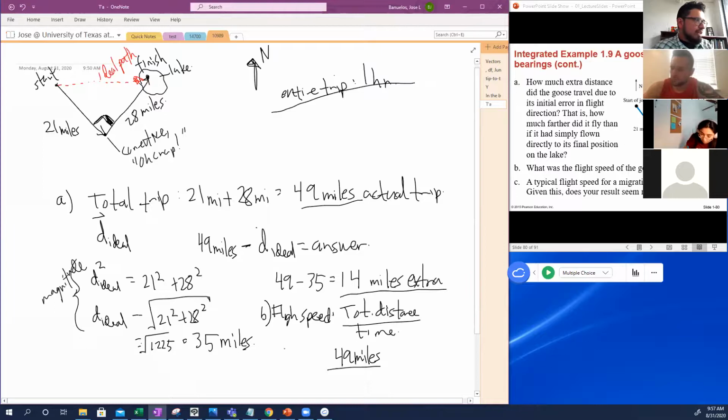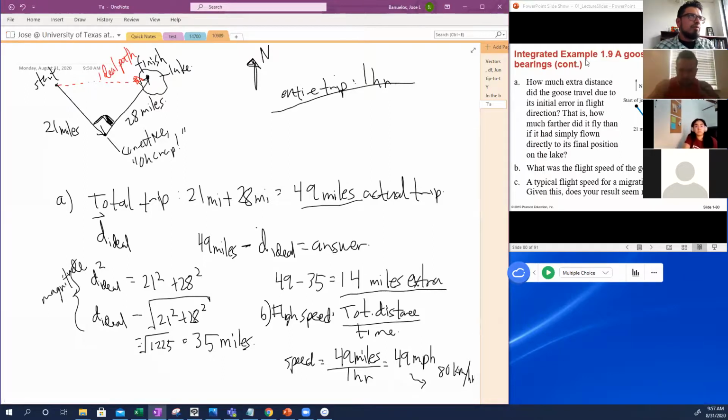So in this case, the speed was just 49 miles in 1 hour. It was just 49 miles per hour, okay? And it turns out if you calculate that and turn it into kilometers, it's similar to about 80 kilometers per hour. And if you remember, apparently that's a good speed for a goose.